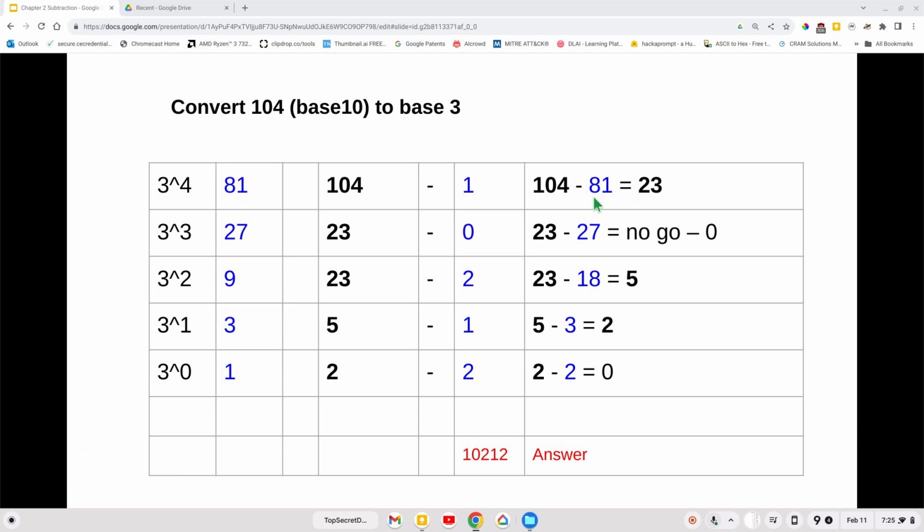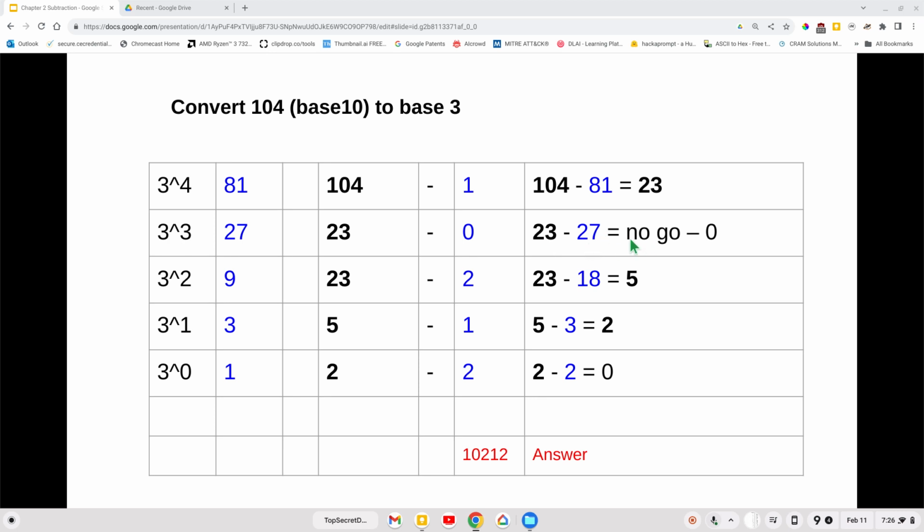And what did I do here? How many times does 81 go into 104? One time. So now I've got 23 as my remainder. So 23, how many times does the next power of 3 go into it? 3 to the 3rd is 27. 27 does not go into 23, so the answer is 0, because 23 minus 27 is a no-go.